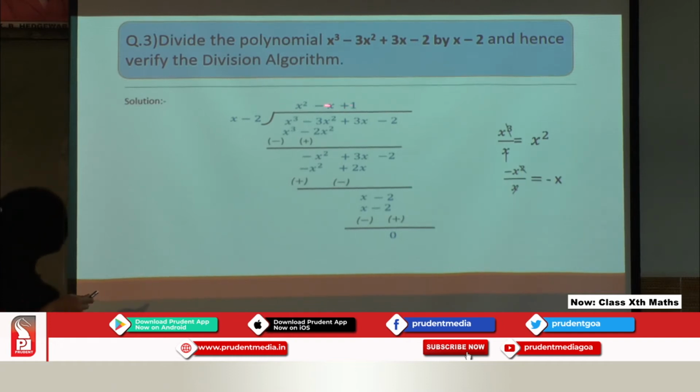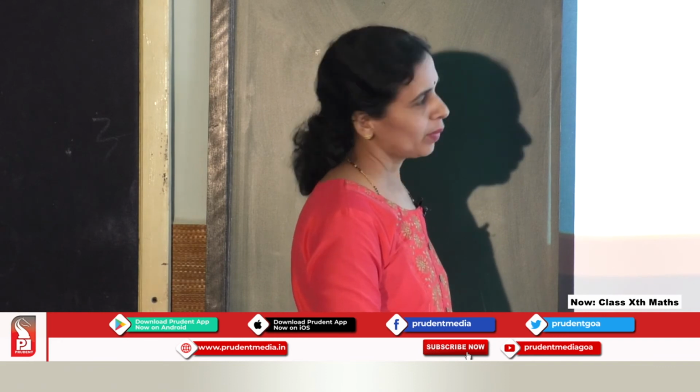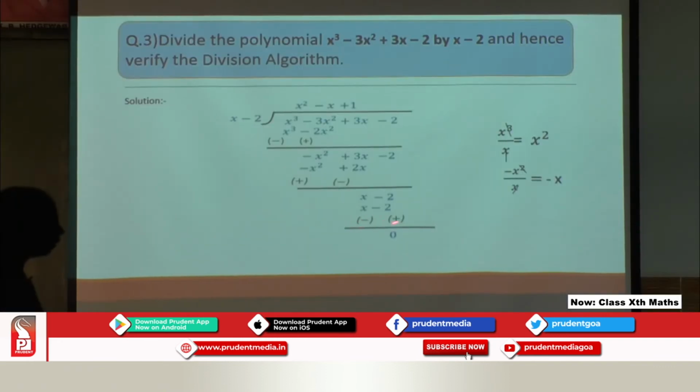So x into 1 is x, and minus 2 into 1 is minus 2. Now we change the sign, and x minus x cancels, minus 2 plus 2 also cancels. Now we got the remainder as 0, and the quotient as x square minus x plus 1.